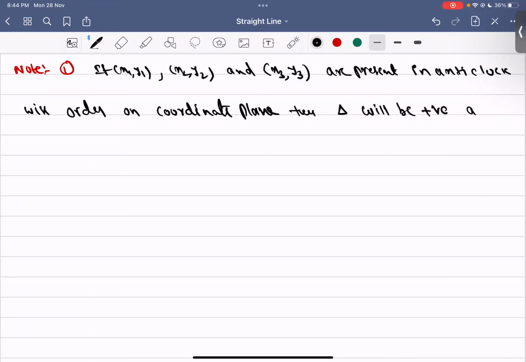And if they are present in clockwise order, then delta will be negative.